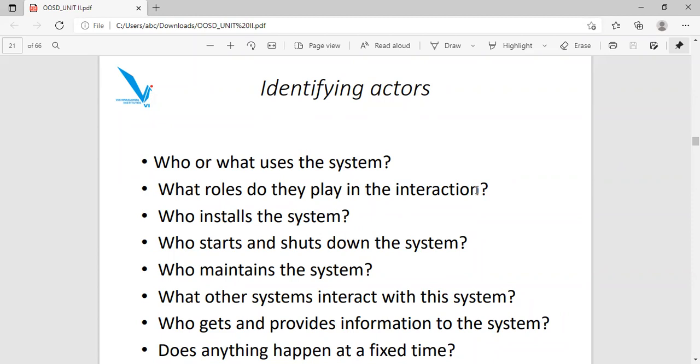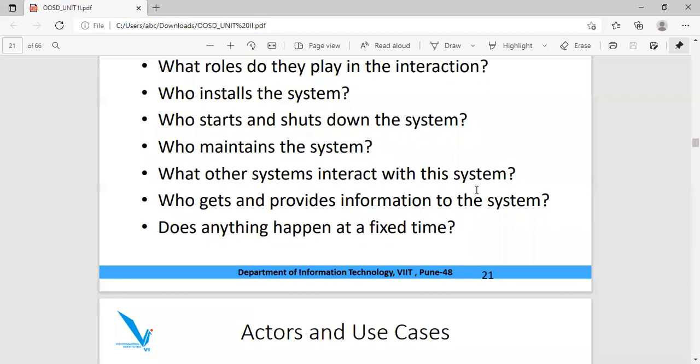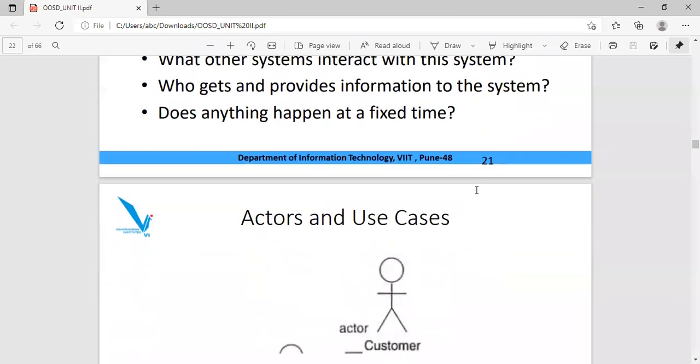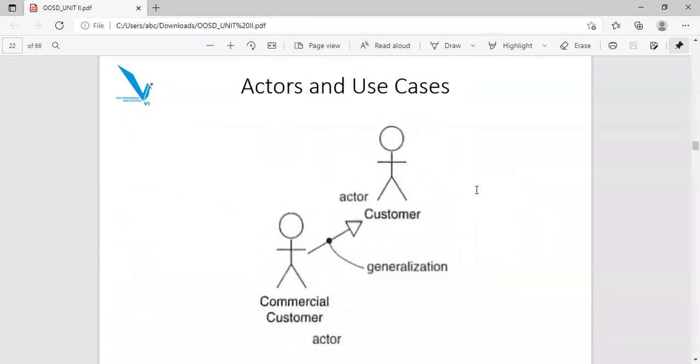So that is to be understood with the help of anything that happens at a fixed time, and that is nothing but to identify that particular actor, and that actor is going to perform all these tasks, right? So now next we understand the relationship with the help of these actors and use cases basically.